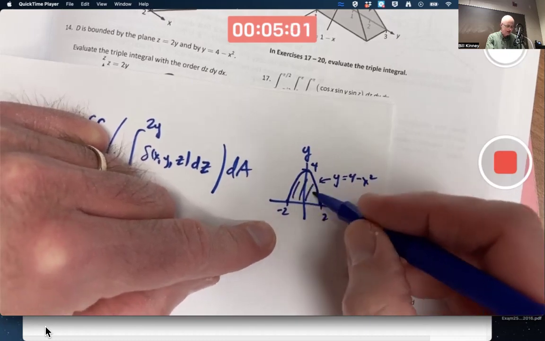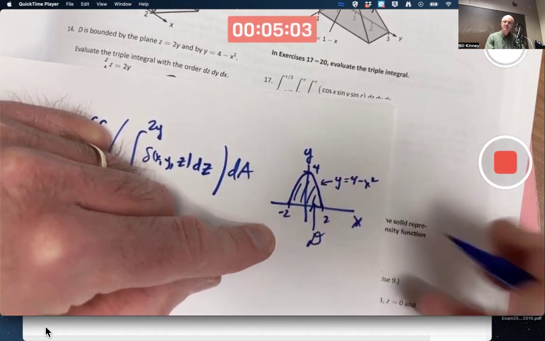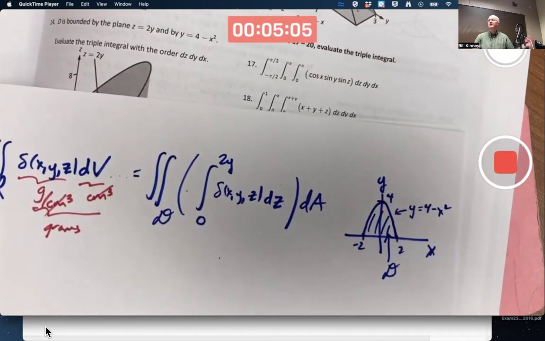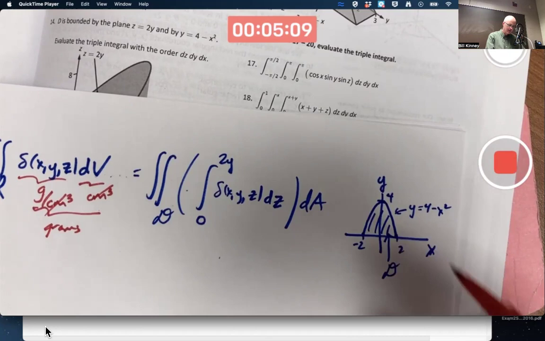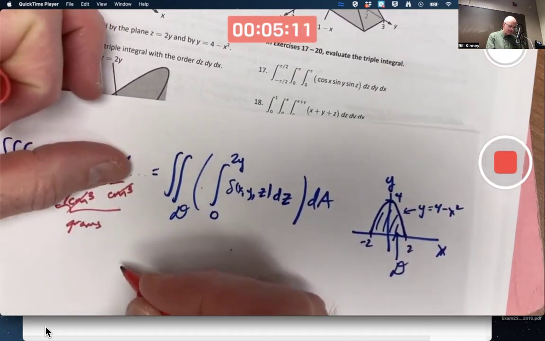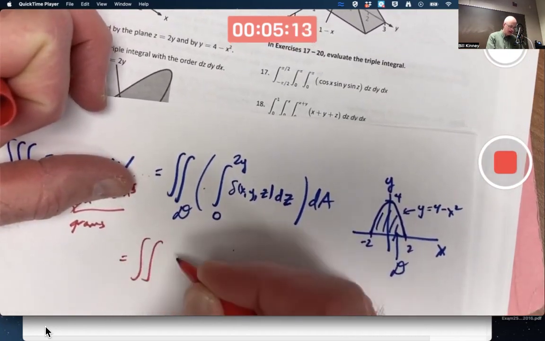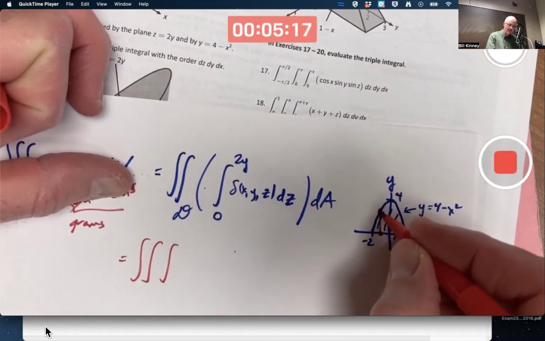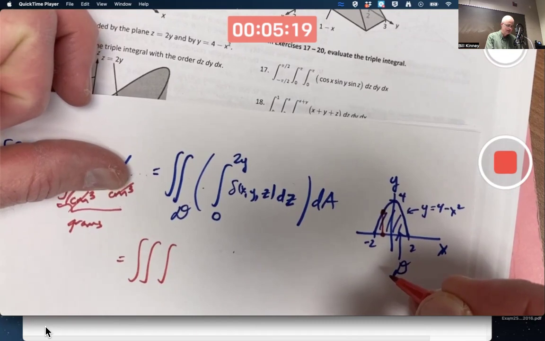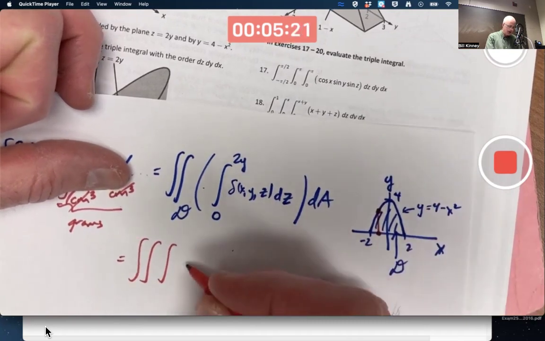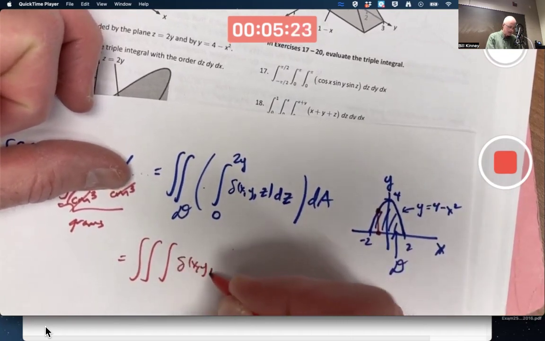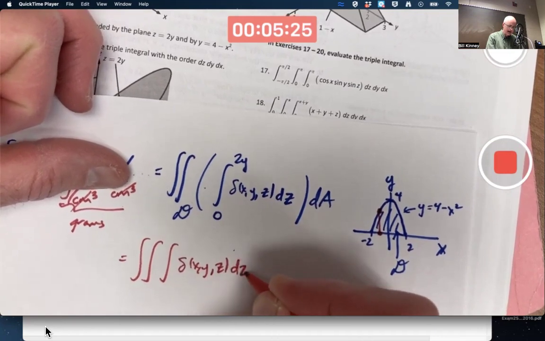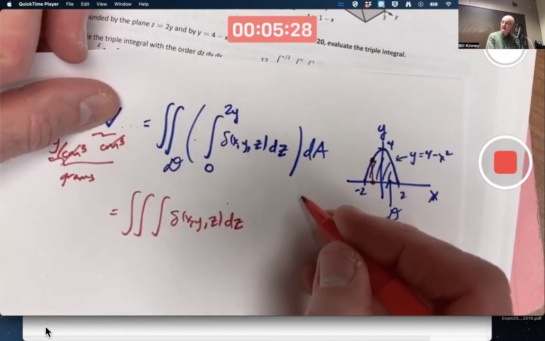So that is the region D, which then for the outer double integral, you think of either as vertically simple or horizontally simple. Sort of the more standard way is to think of it as vertically simple, which means it's between the graphs of two functions of x. Which means the outer dA needs to be dy dx.